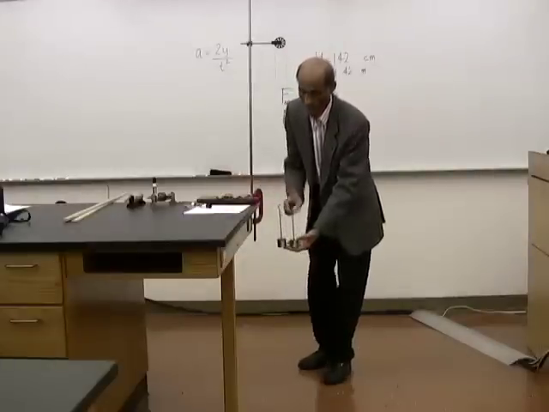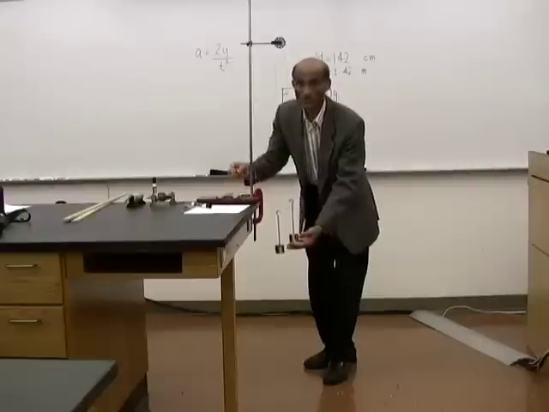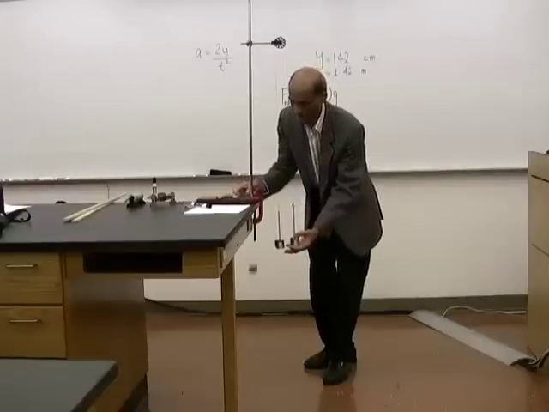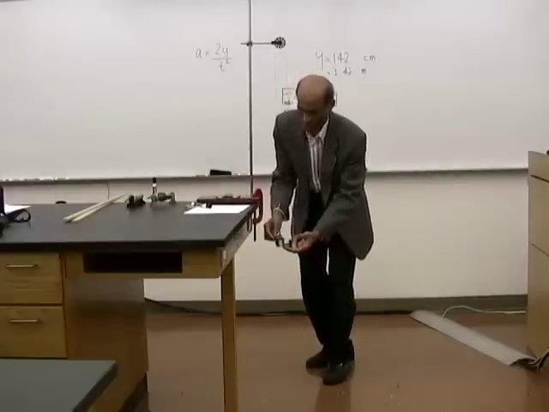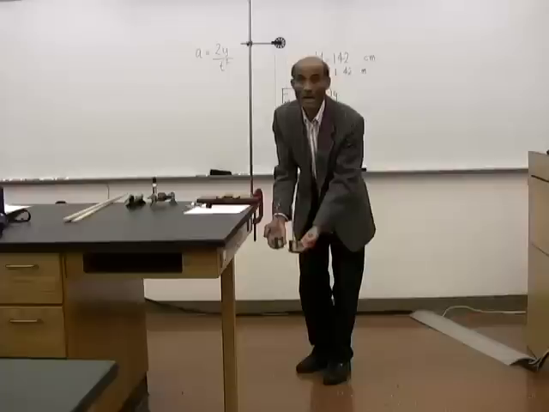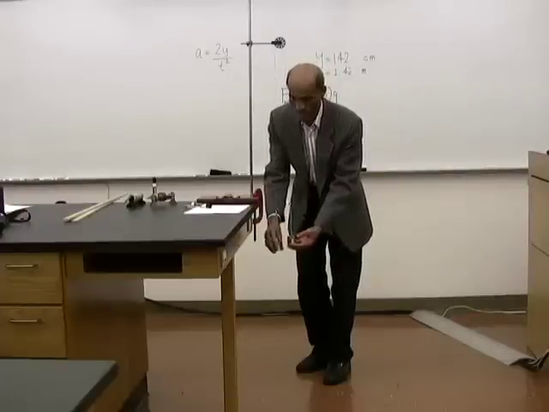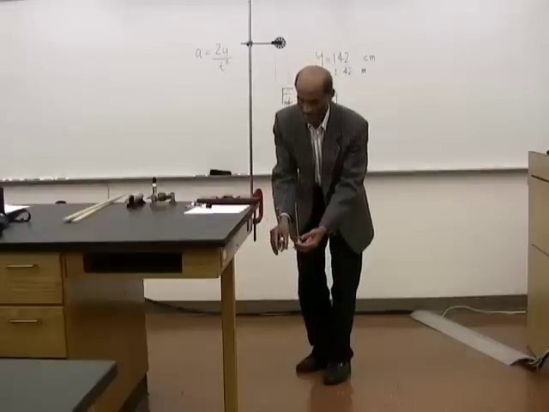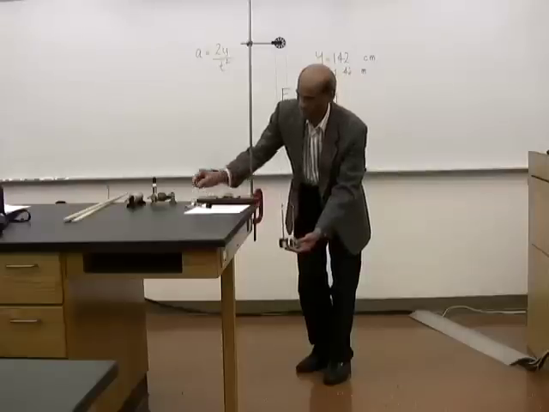In the next trial, M1 is to be 350, M2 also is 350, so I add a 50 to M1, another 50 to M2, so that M1 and M2 both are 0.35 kilogram. And let's test MF, if it is going to be any different.